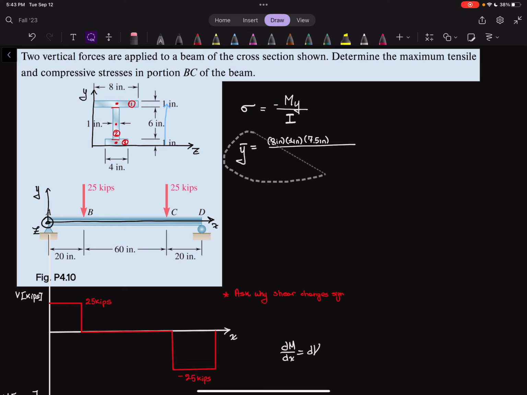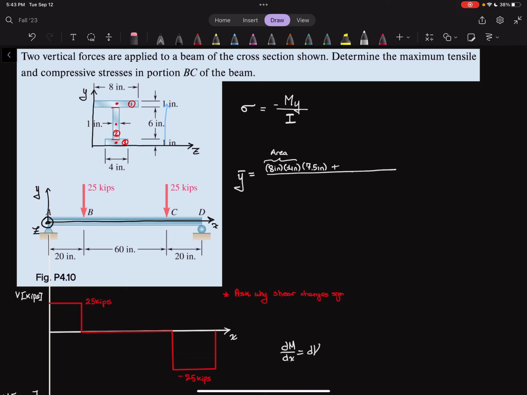I just want to make sure you understand that this is the area, and that's the y coordinate with respect to a z that's at the bottom.